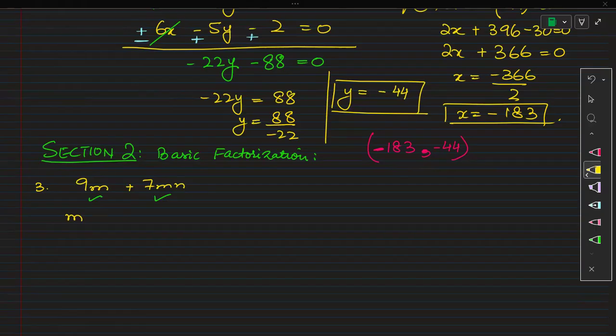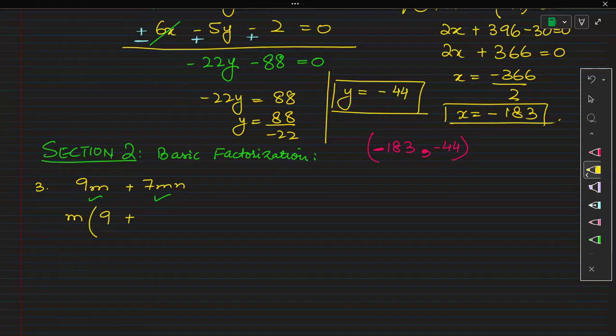Whenever you take any number common, always put a bracket after writing down that number which you think is common. So m has been taken common, so you take m out, and then nine is left. M has already been taken out, so there's no need to write m again inside the bracket. And look at the sign, the plus sign is there.